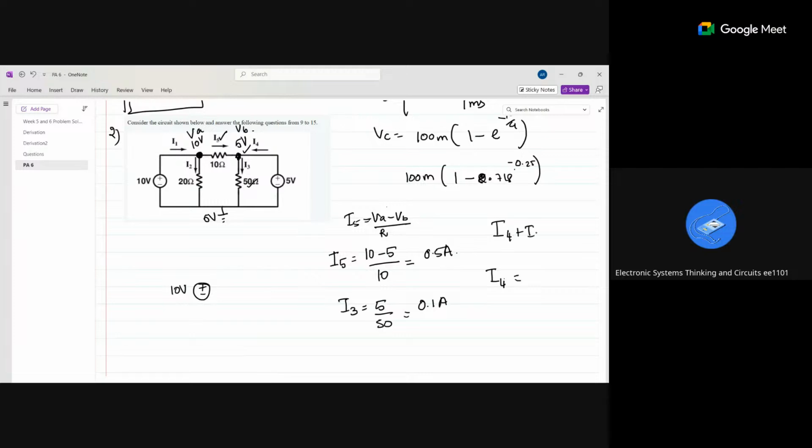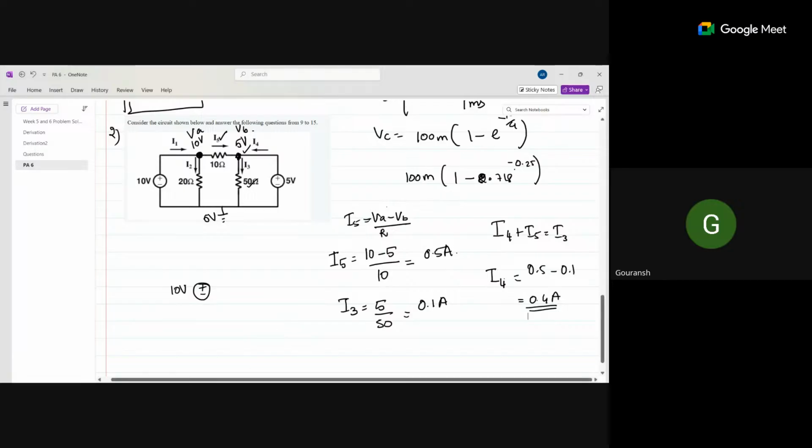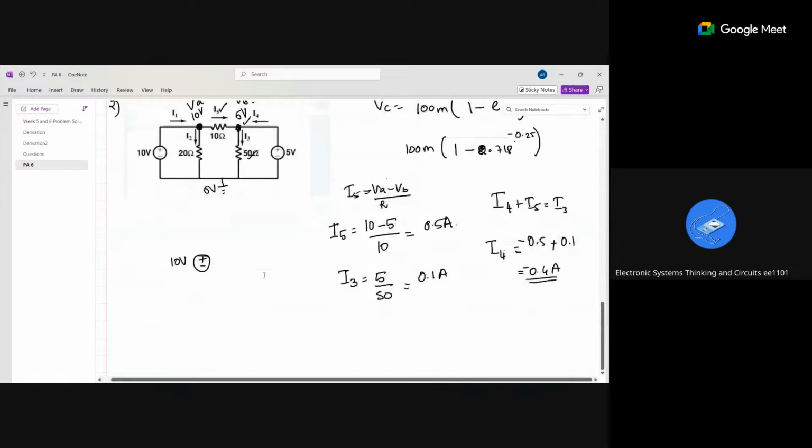I4 plus I5 is equal to I3, so I4 is equal to I5 minus I3. 0.5 minus 0.1, which is 0.4 ampere. Actually, it's minus 0.5 plus 0.1, so it will be minus 0.4 ampere.